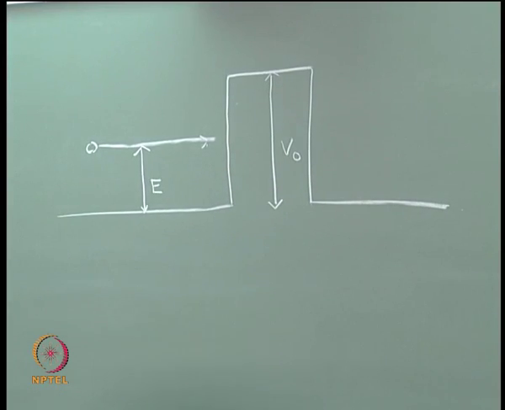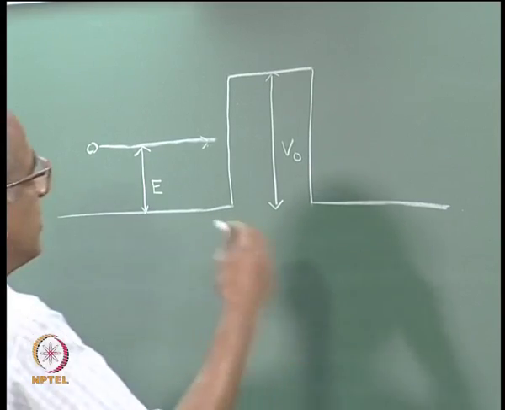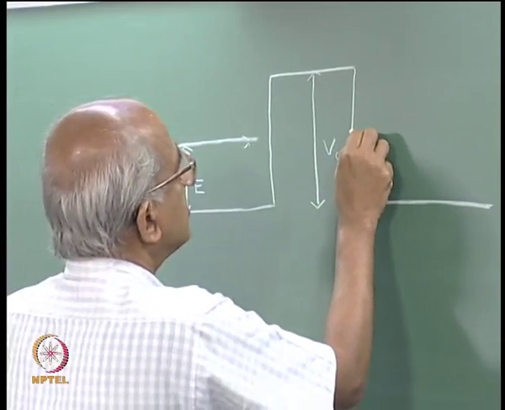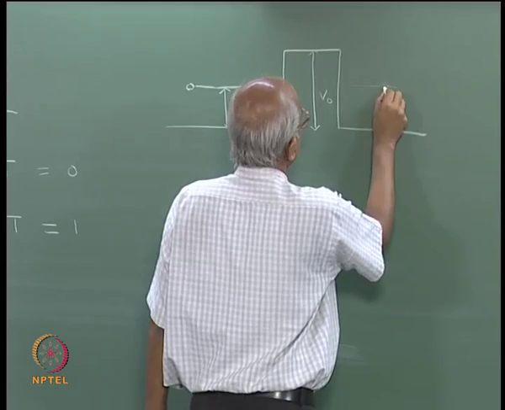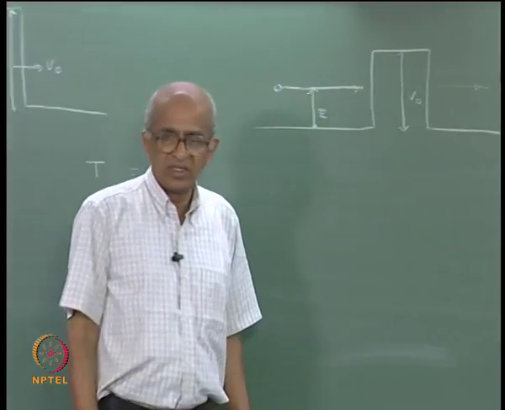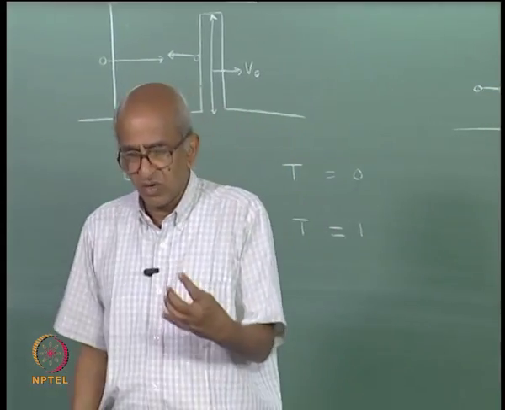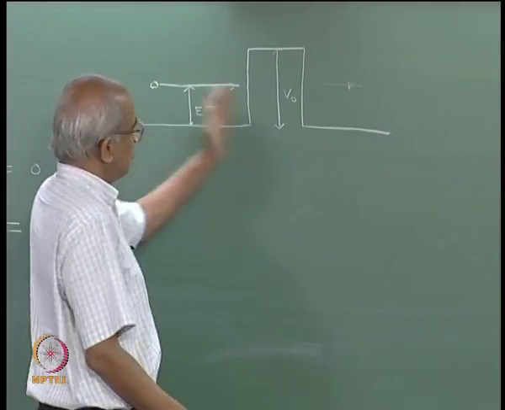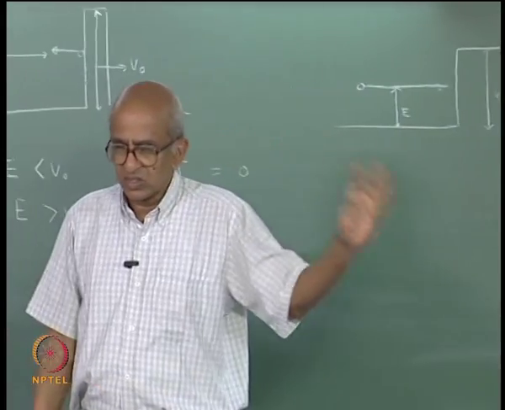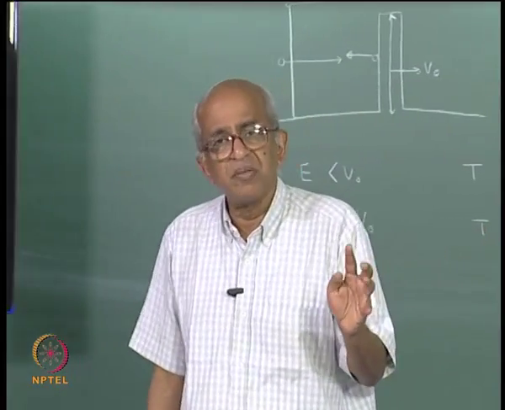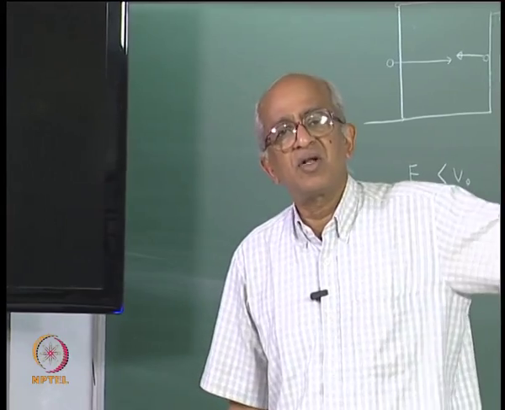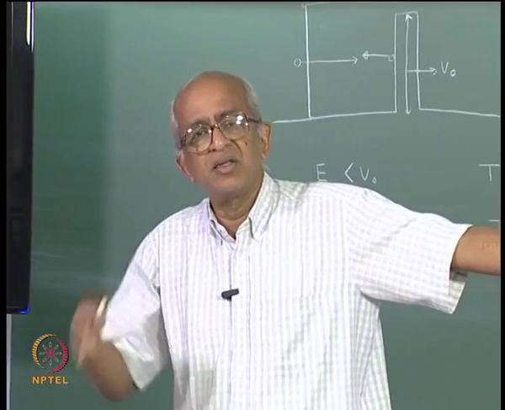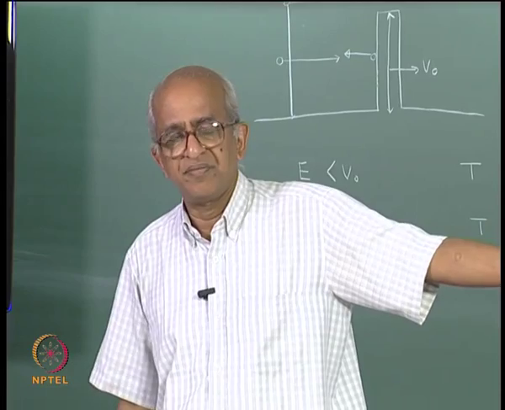As I told you already, if the particle obeyed classical mechanics, it will not go to the other side, but it so happens that it is interesting that in quantum mechanics there is a probability that the particle will go to the other side, and there is also a probability that the particle will get reflected. So imagine I have 100 particles incident on the barrier, then what might happen is that maybe 10 of them will go to the other side, while the remaining 90 will be reflected.